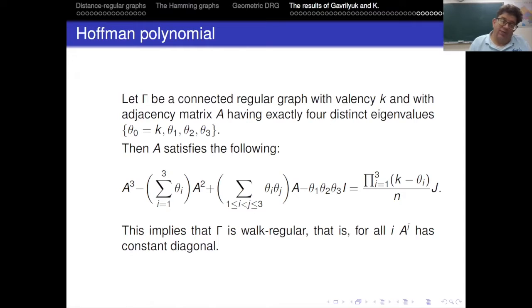There is a polynomial of degree 4 in A that is identical to the 0 matrix. If I multiply this cubic polynomial by A minus k times the identity on the left and right side, then on the left side I get a degree 4 equation in A, and on the right side I get 0. And this implies that gamma is walk regular.